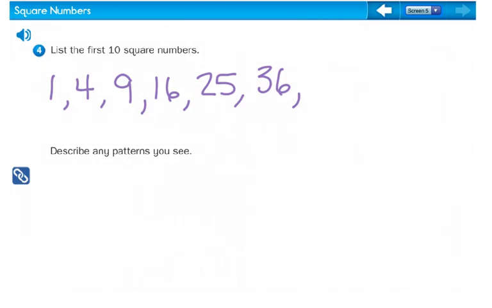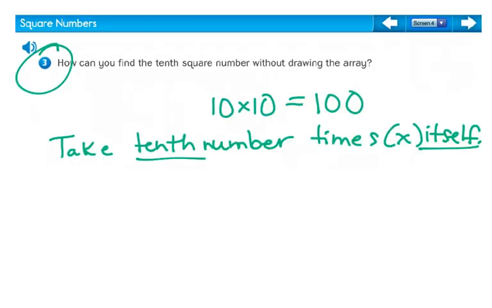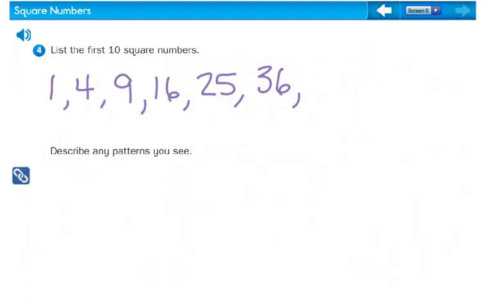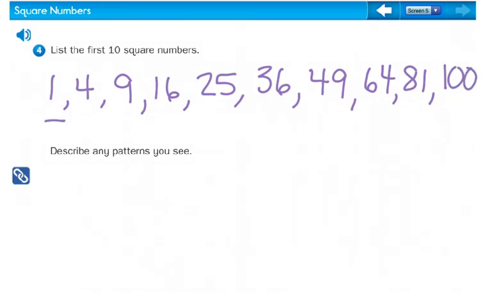Remember, you have these all listed above. 7 times 7 is 49. 8 times 8 is, use your multiplication chart, 64. 9 times 9, 81. And 10 times 10 is 100. So first, second, third, fourth, fifth, sixth, seventh, eighth, ninth, and 10th square number. Go ahead and write those down.